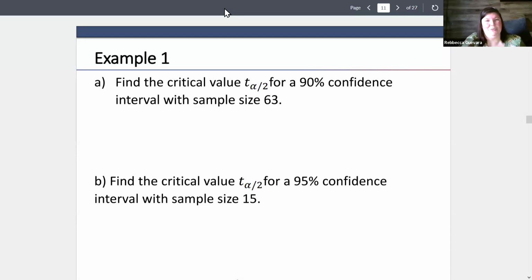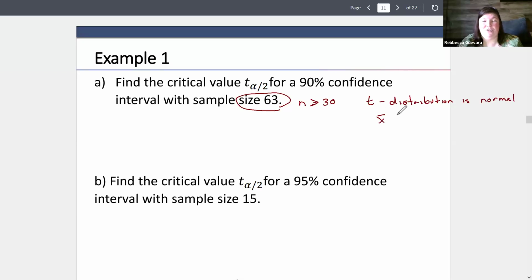So just so we mention this here, this fits my assumption because my sample size is over 30. So that means that the t's are normally distributed. My x bars are normal.